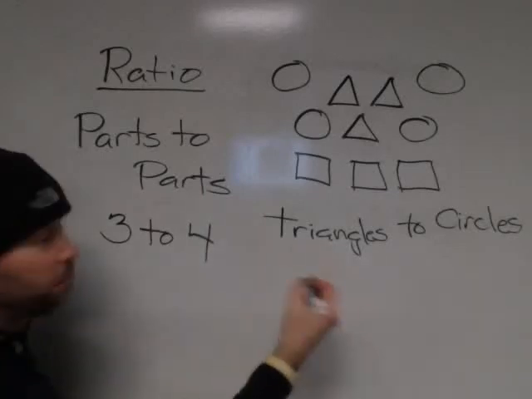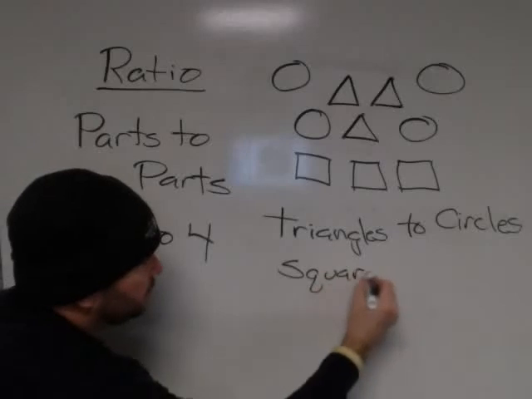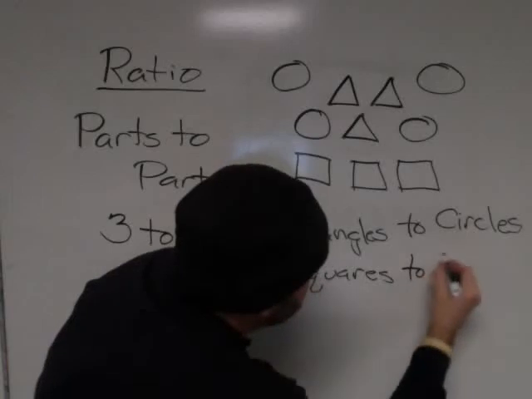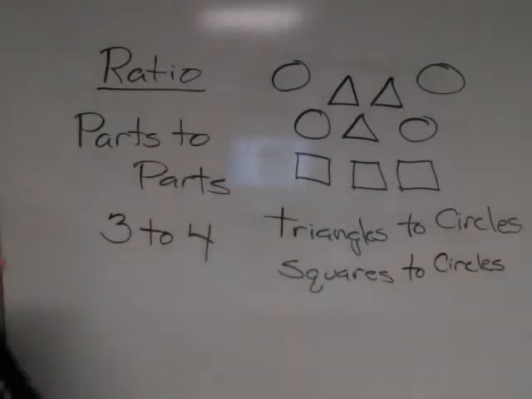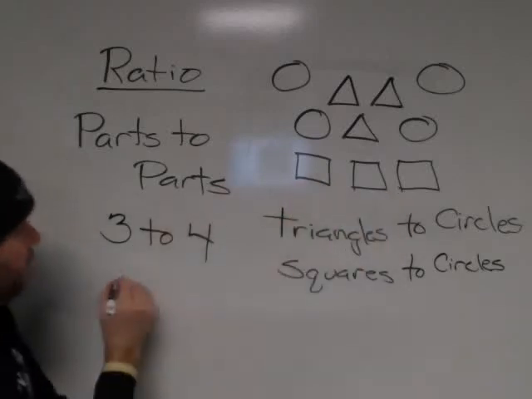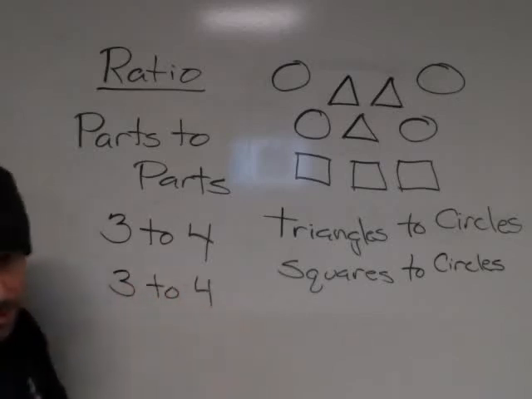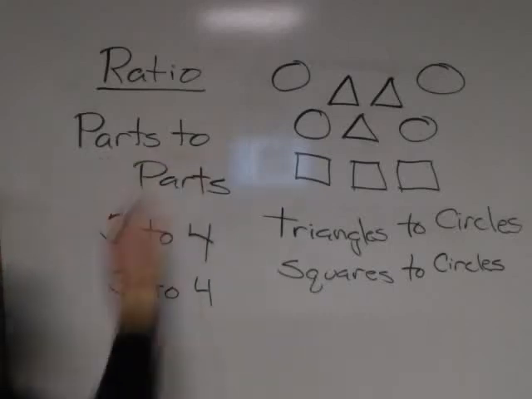And what we could do is we could do squares to circles. Okay, so if we did squares to circles, we would then have 1, 2, 3, another 3 to 4 ratio. Okay, so that's the comparison of parts to parts.